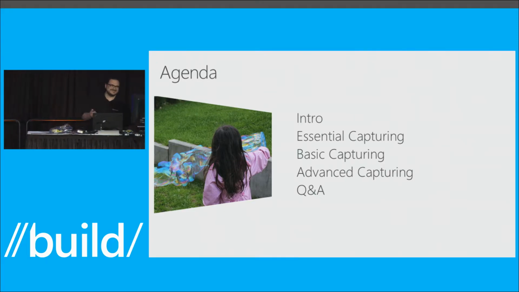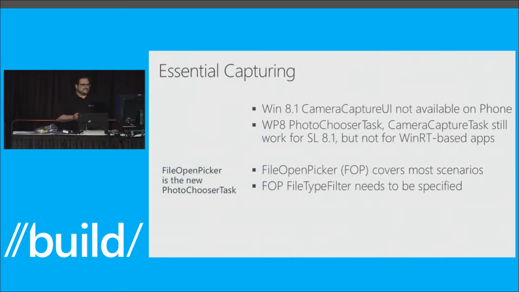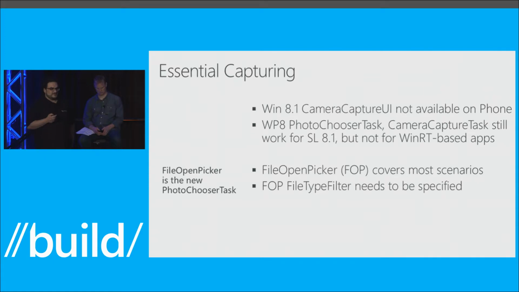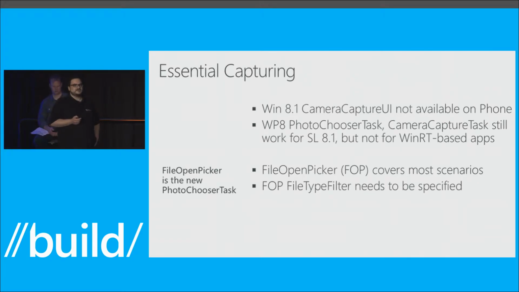So, essential capturing is actually about picking, right? And if you have done Windows development, you might know the camera capture UI and have used it. But that is not available on Windows Phone 8.1. The good thing is, if you're doing Windows Phone 8.1 Silverlight development, you can still use the task.